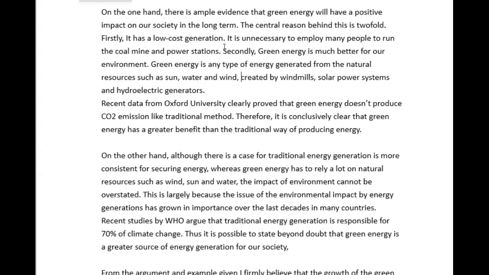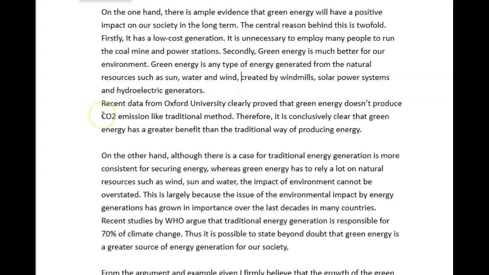Okay. Secondly, green energy is much better for our environment. Look, green energy. So use some cohesion here. This is any type of energy generated from natural resources, such as sun, water, and wind, created by windmills, solar power systems, and hydroelectric generators. All right, don't hit return.